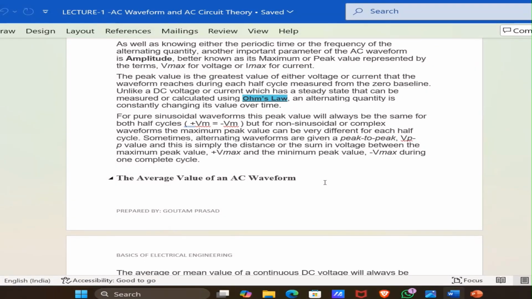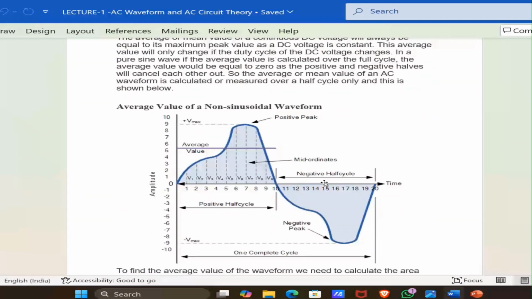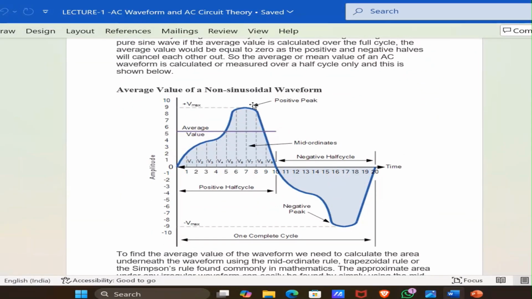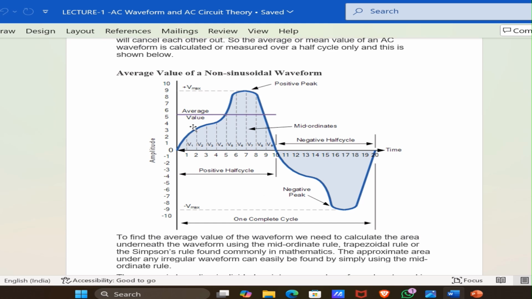Now, what is amplitude? This is the positive peak and this is the negative peak, as it is shown. And at various times you can see the voltage level is different, like 1, 2, 3, 4 has been shown on the x-axis at different time periods, V1, V2, V3, V4, and so forth.